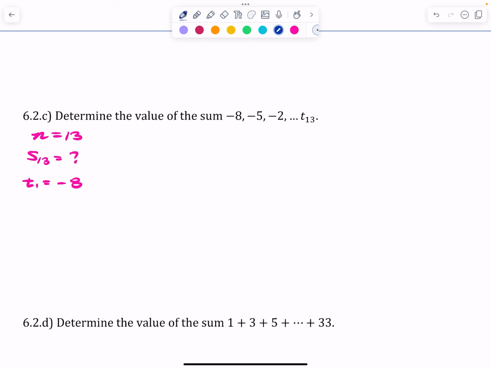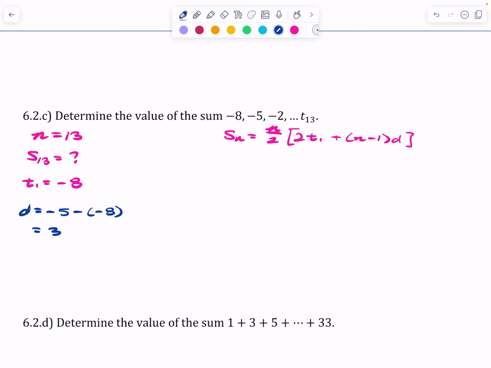We can find the difference, which is negative 5 minus negative 8, so 3. And again, that formula Sn equals n over 2 times 2t1 plus n minus 1 times d.